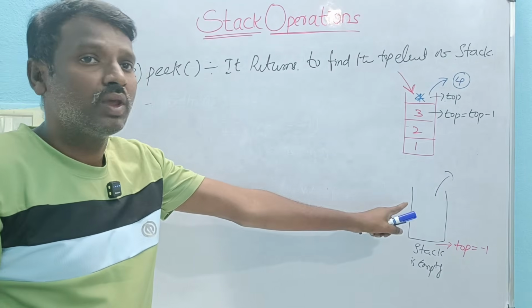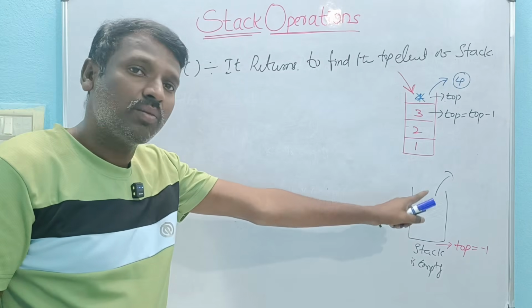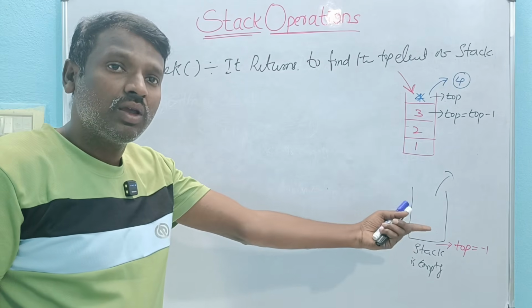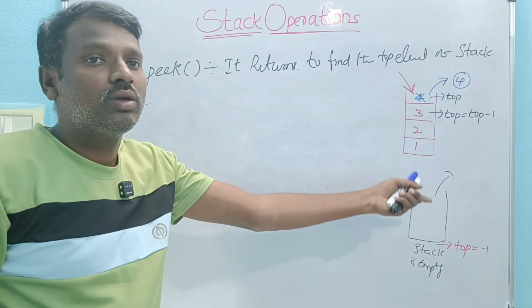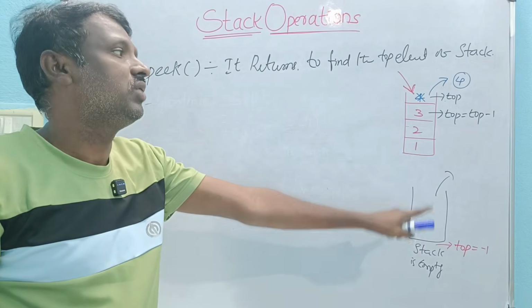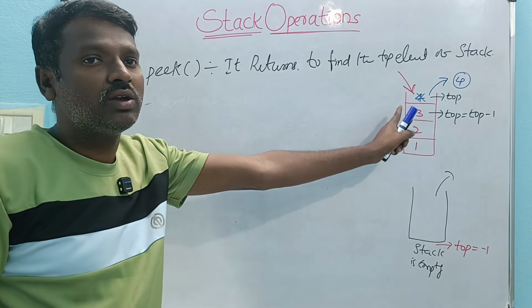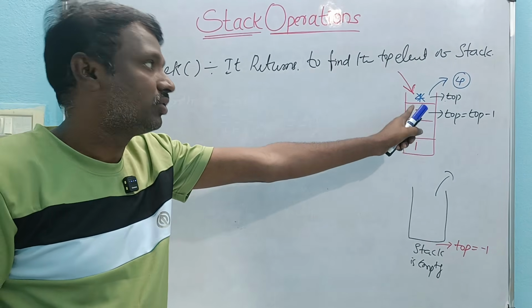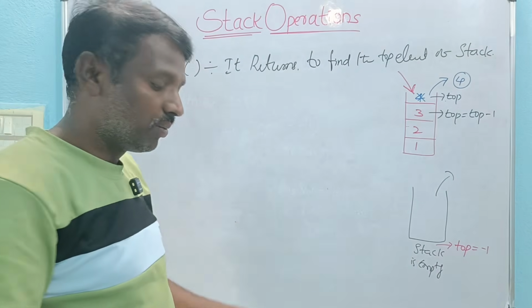Here in this diagram, can we find the top element? No, because this stack is empty. So at that time it is not possible to find the peek or top element. When is it possible? If your stack has some elements, then it is possible to find the peek or top element. So this is the diagrammatic representation of the peek operation.